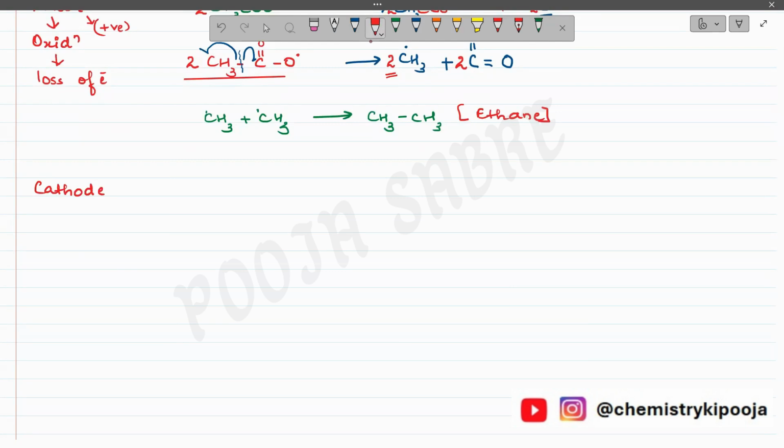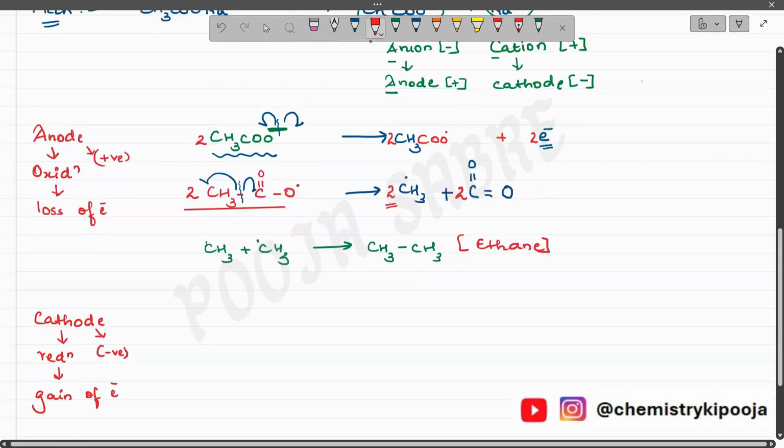Now the cathode undergoes reduction, and reduction means gain of electron, right? Reduction is gain of electron. And we know that the cathode is a negatively charged electrode. Towards this negative electrode, always remember the positive ions will go. And which are the positive ions we have, students?